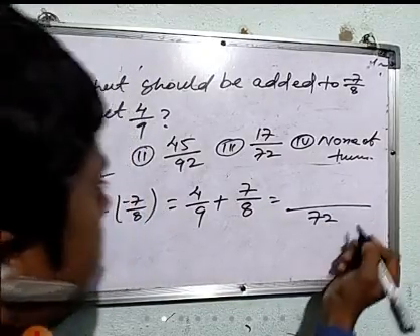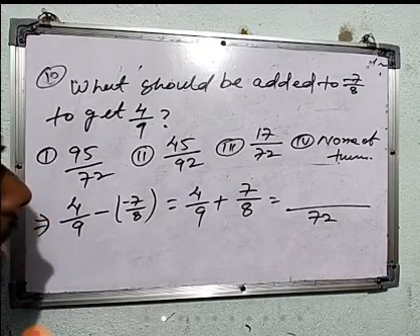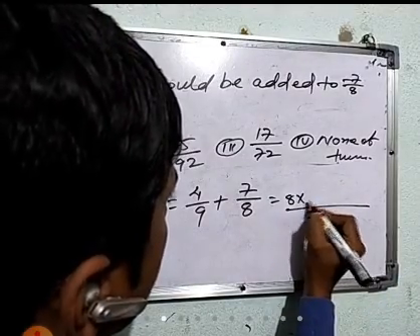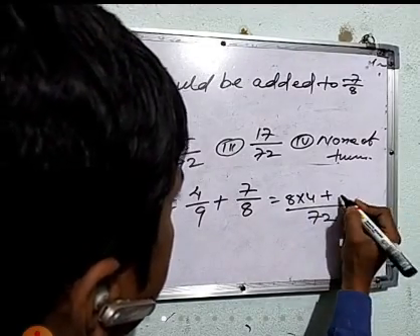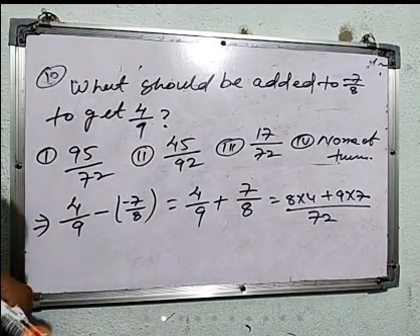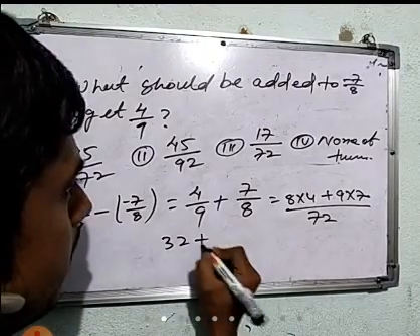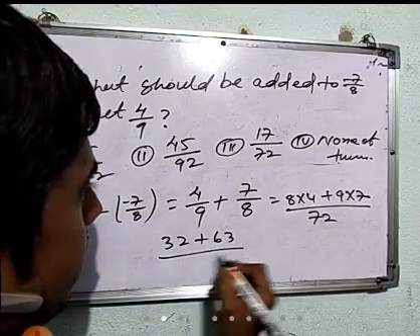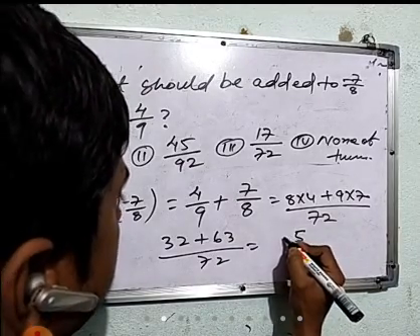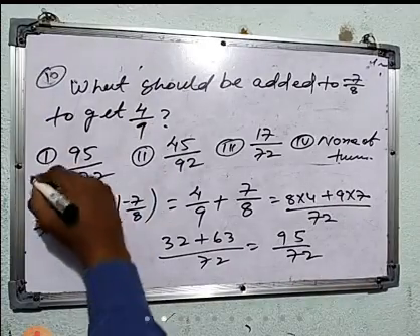If you find LCM, we get 72. 9 eights are 72. So you write 8 into 4 plus 9 into 7. 8 fours are 32 plus 9 sevens are 63 by 72. If you add, we get 95 by 72. So your first option is true.